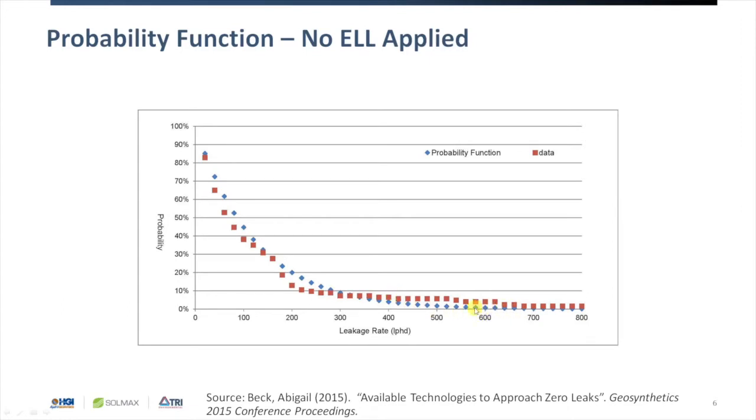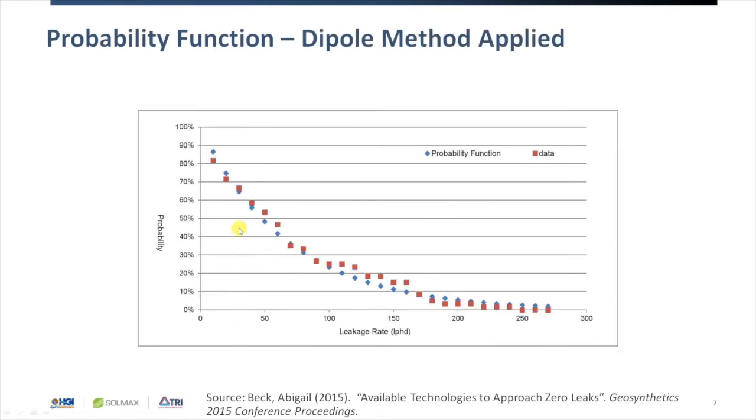So the blue diamonds there, this is a probability function that I'm going to give you the equation for, where if you know the leakage rate that's a target, it'll tell you the probability of exceeding that leakage rate, which is based on whatever ALR you specify and the mean of the data set for your leakage. So for this exponential function, I use the mean of the data set for the data shown in that histogram on the first slide. This is that same equation using that second set of data where the dipole method was applied.